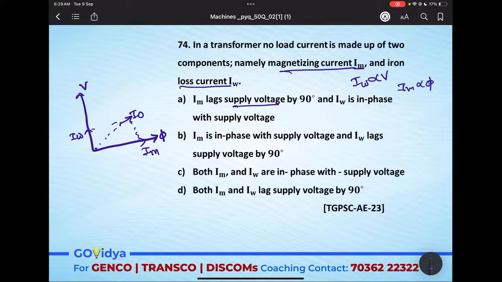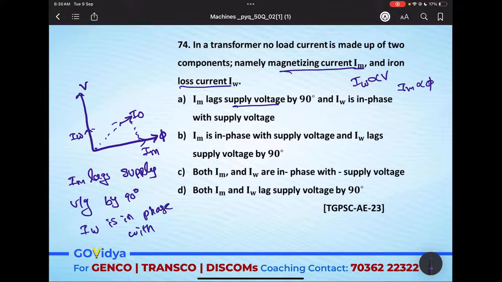So from this if you see, IM, magnetizing current, lags supply voltage by 90 degrees, whereas IW is in phase with supply voltage.